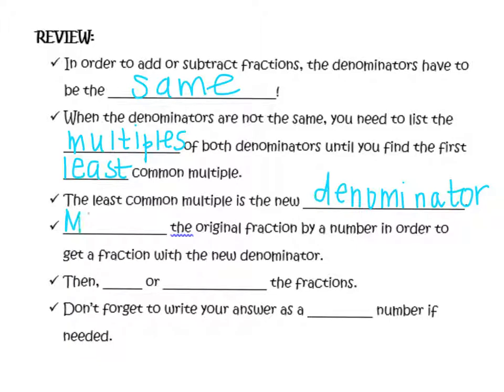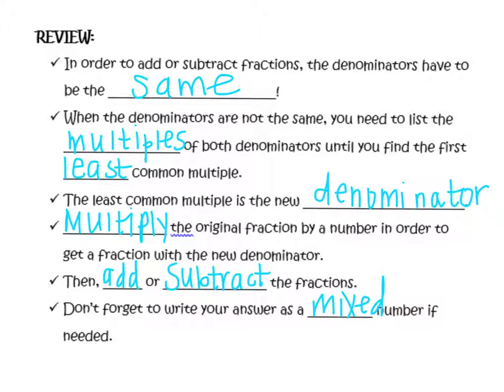Multiply the original fraction by a number in order to get a fraction with the new denominator. Then add or subtract the fractions. Don't forget to write your answer as a mixed number if needed.